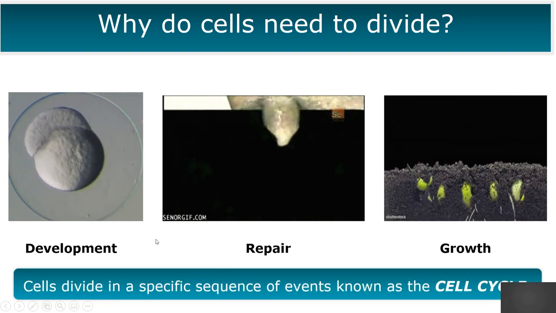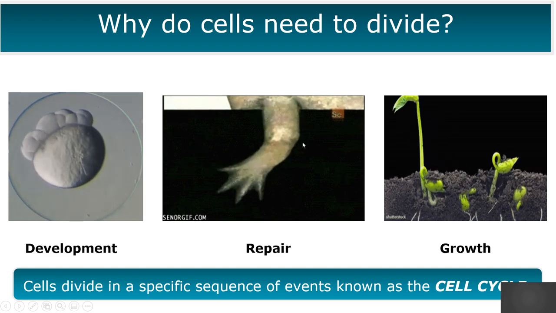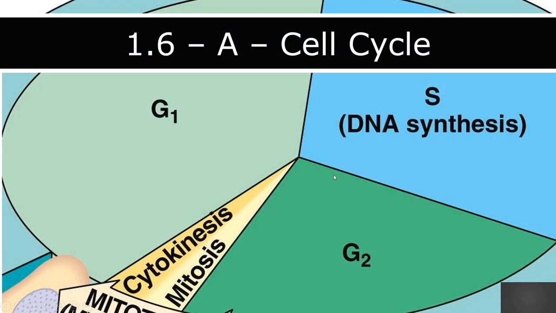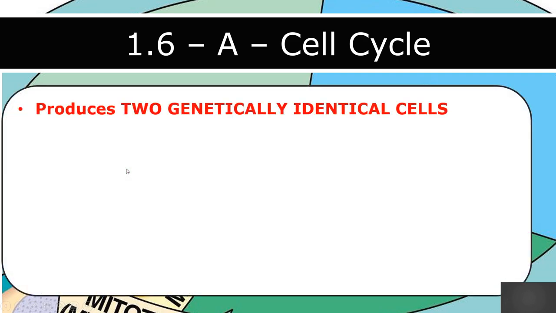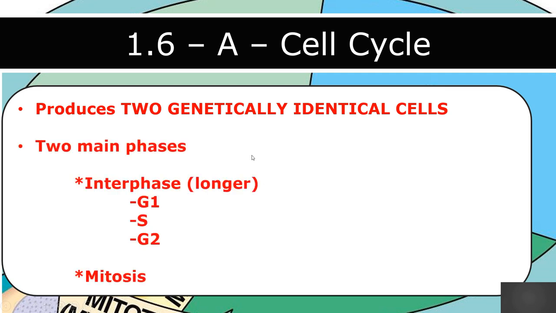So cells divide in a really specific sequence of events that is known as the cell cycle. So we're going to be learning all about this today. So cell division is going to produce two genetically identical cells. So this is different than meiosis when you were producing those four haploid cells that had that mixture of different chromosomes.